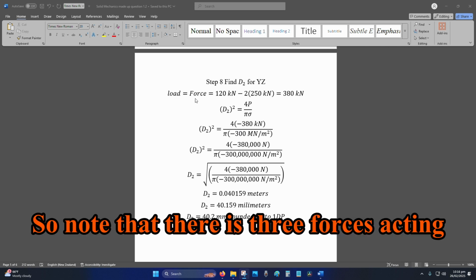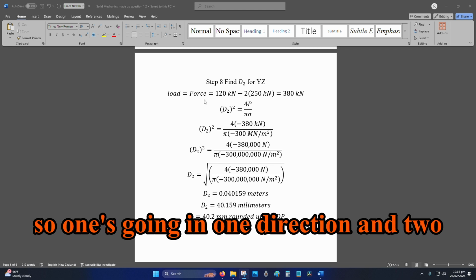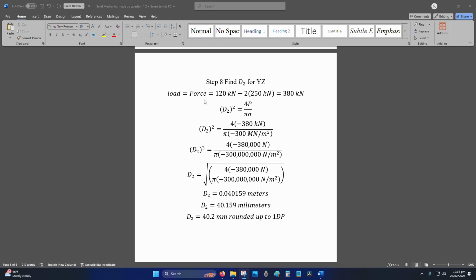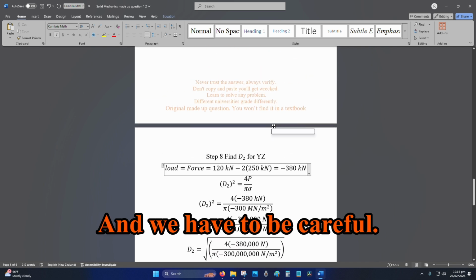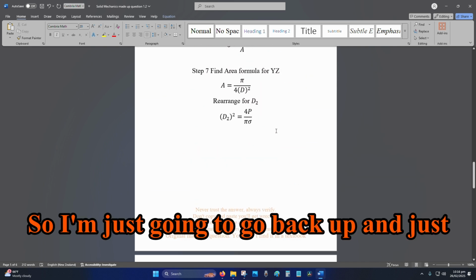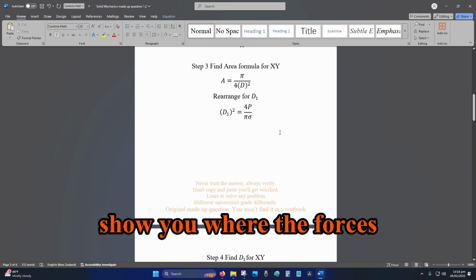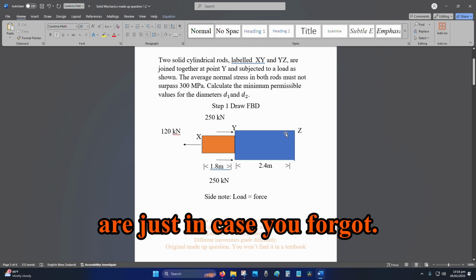So note that there are 3 forces acting, so one's going in one direction and 2 in the other direction. So that's actually a negative. And we have to be careful. So I'm just going to go back up and show you where the forces are, just in case you forgot.